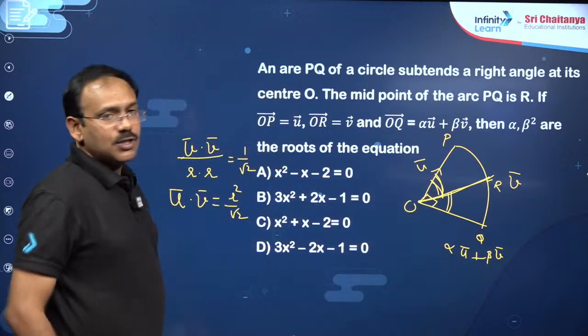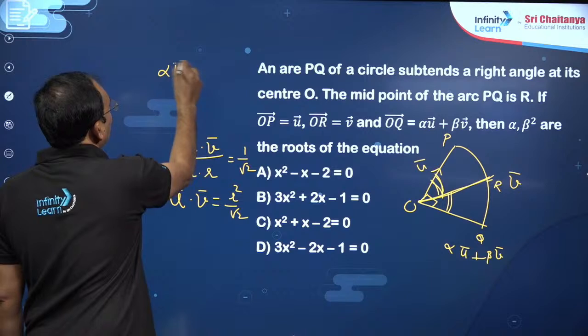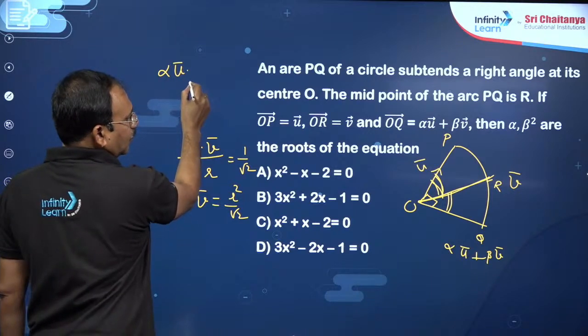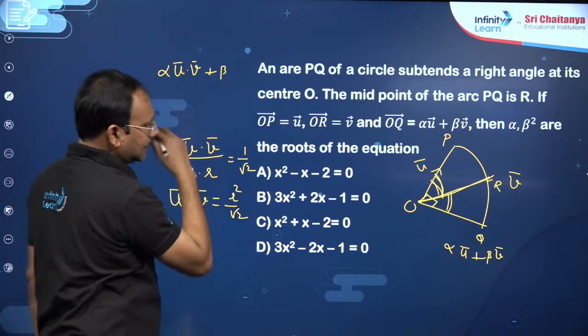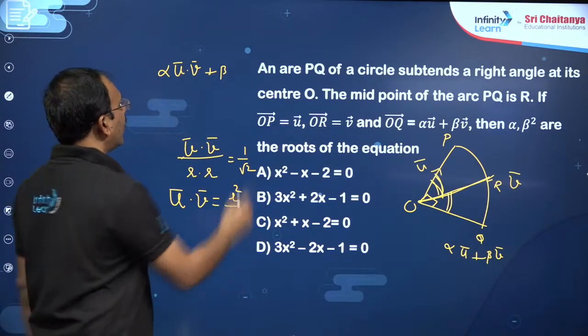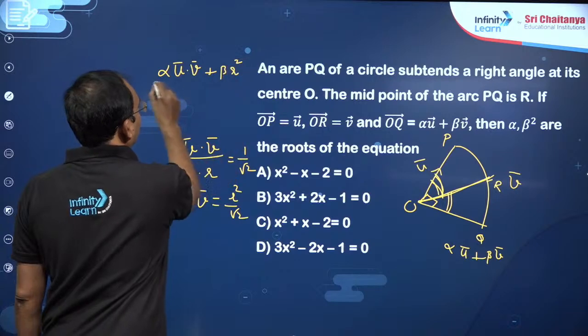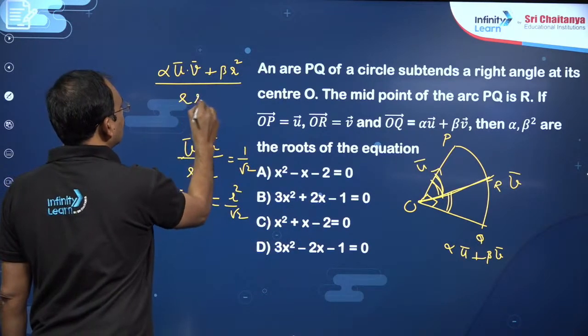The angle between these two is also 45 degrees. So alpha U bar dot V bar plus beta V bar dot V bar will become magnitude of V bar square, which is r square, divided by its magnitude r, its magnitude is r.